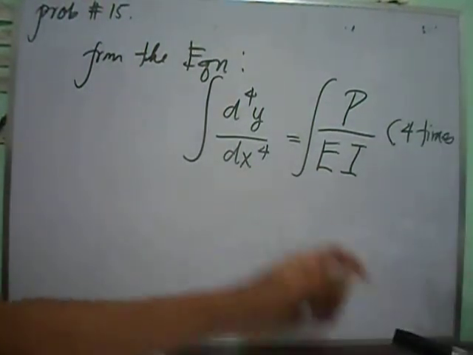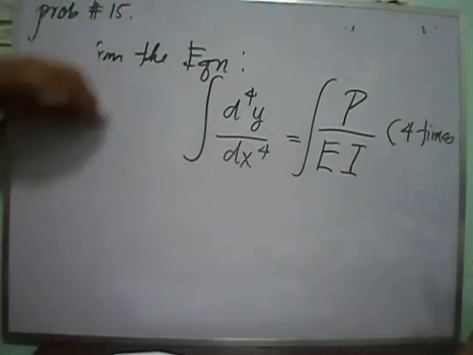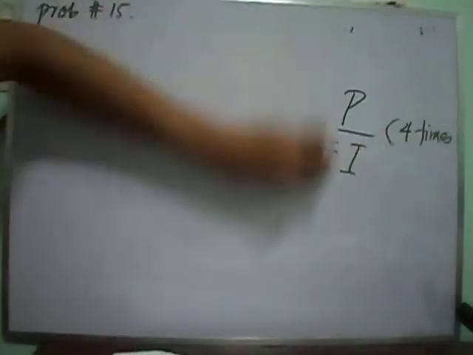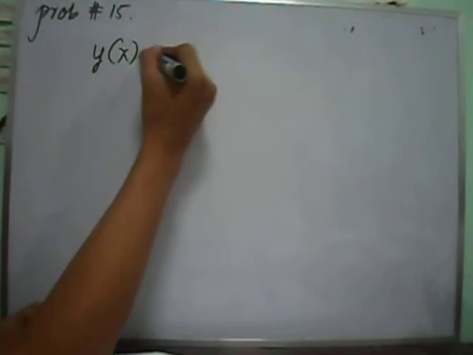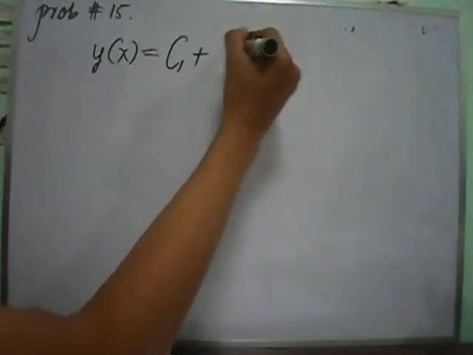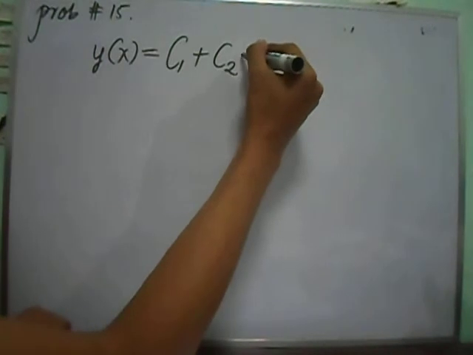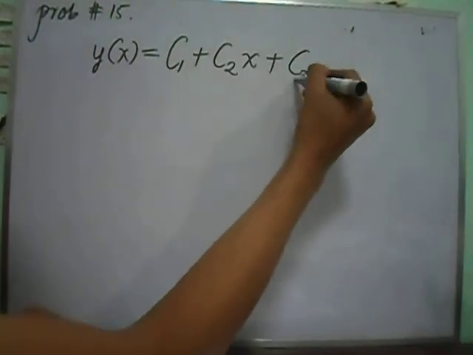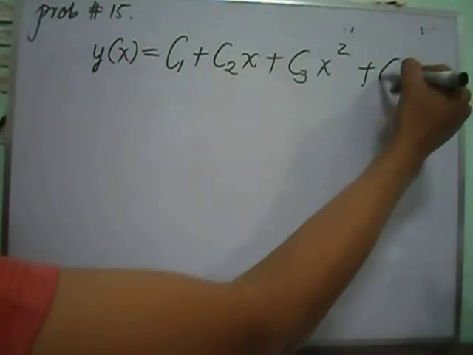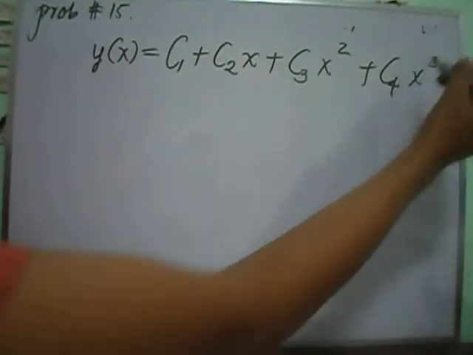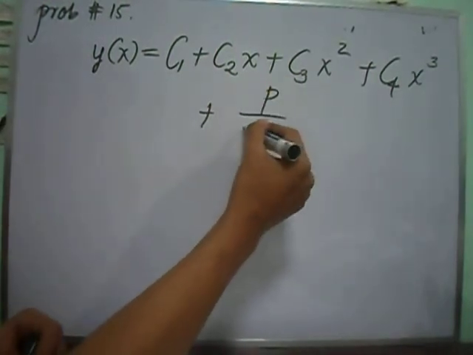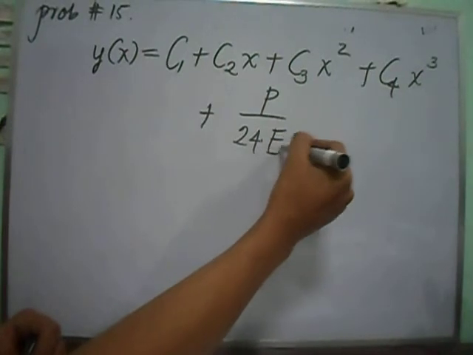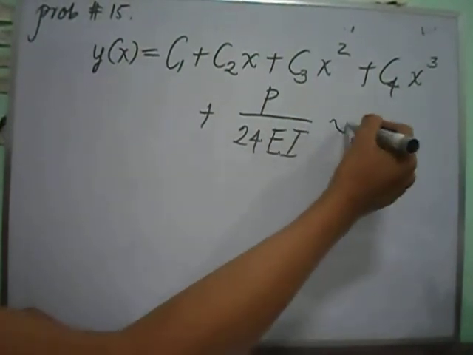what we get is the solution of this differential equation in the form y of x is equal to c1 plus c2x plus c3 x squared plus c4 x cubed plus our particular solution, which is P over 24 E times I x to the fourth.